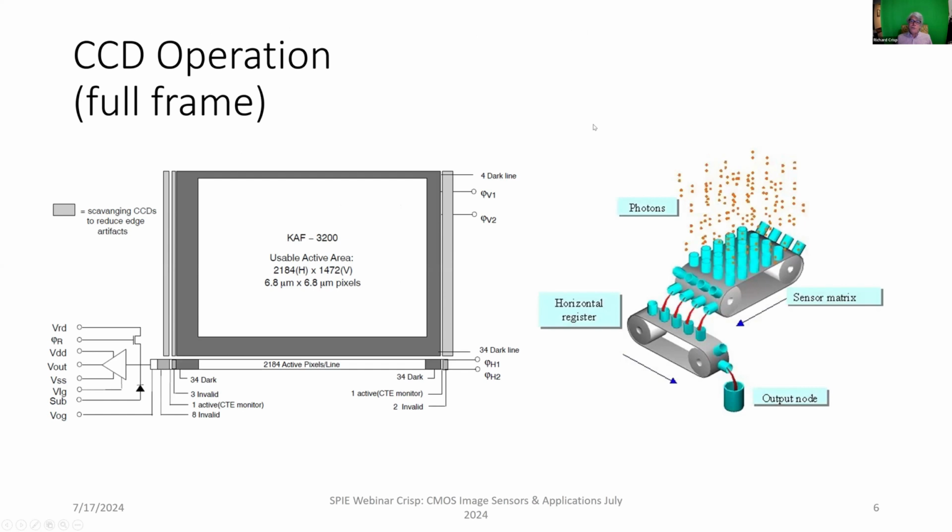This shows a kind of schematic diagram, if you will, of a 3.2 megapixel image sensor over on the left-hand side, a CCD. And over on the right, we see a schematic representation of how this works.